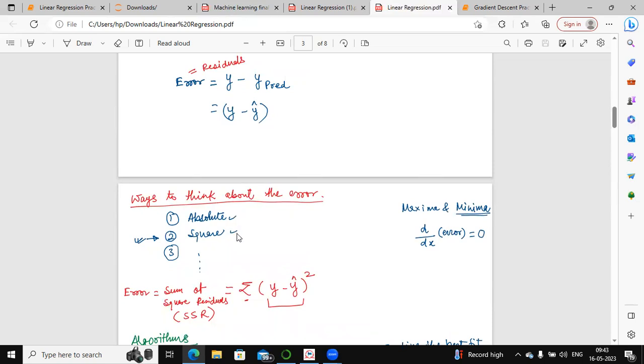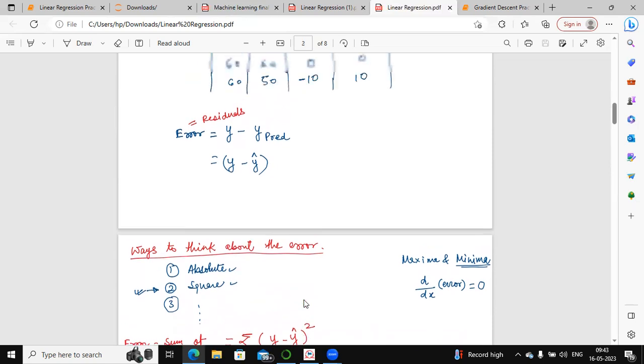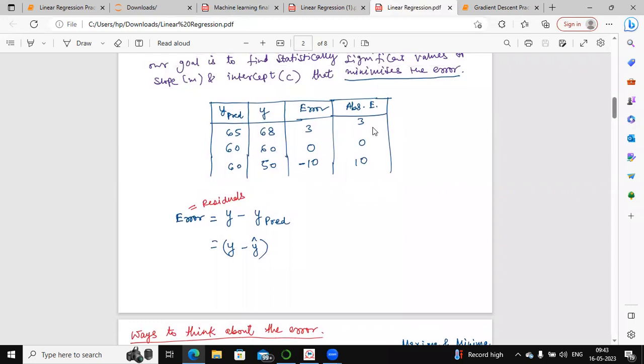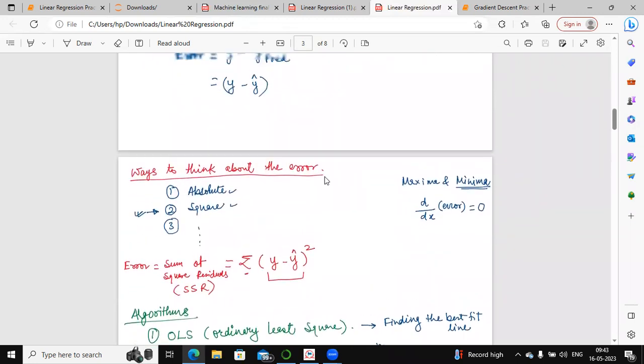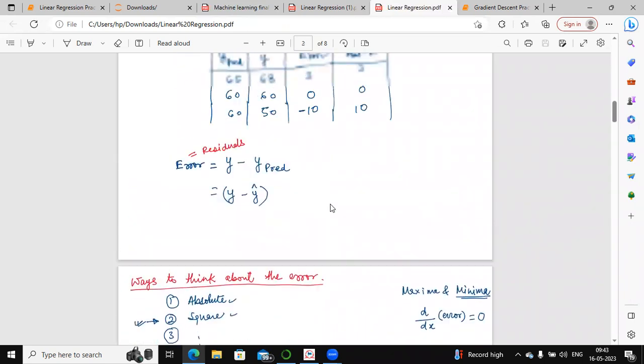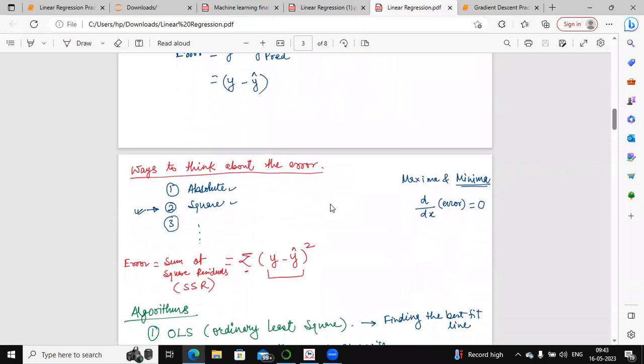We'll take the square, which means we are taking the sum of squared residuals. Whatever absolute value you get, you square it: 3 squared plus 10 squared, like that. So you take (y minus y cap) whole squared and sum all the squares. That is called the error, the sum of squared residuals.